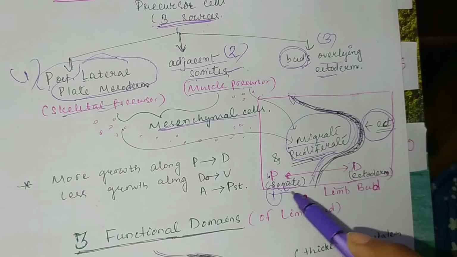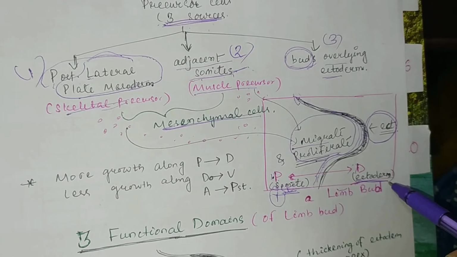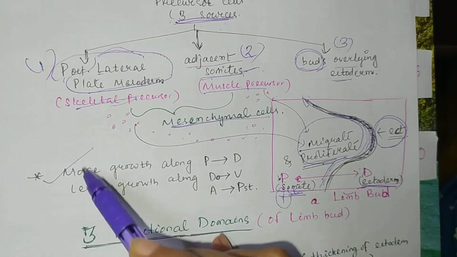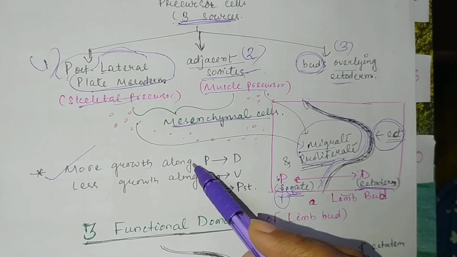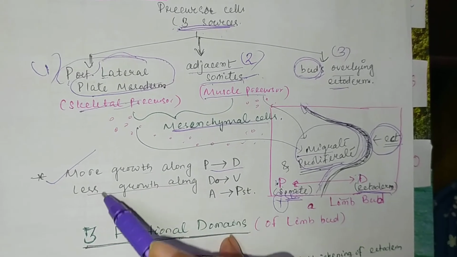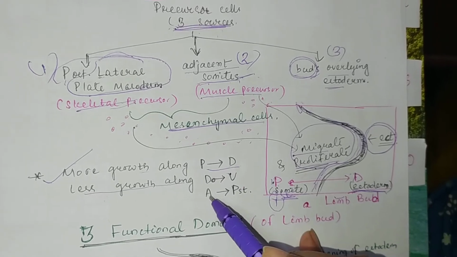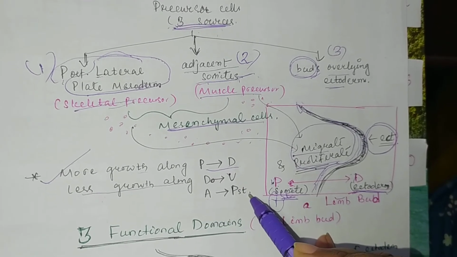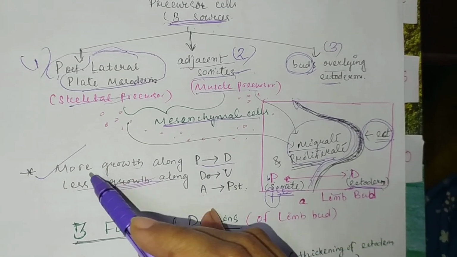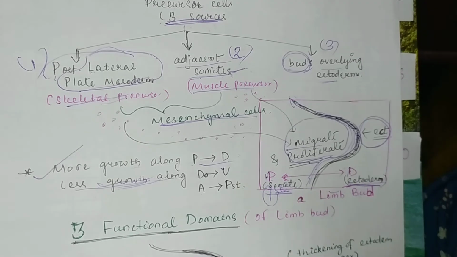Proximal means from the somite, and distal means toward the ectoderm direction. So this is important. There is more growth along the proximal to distal axis, but less growth along the dorsoventral and anterior to posterior axis. Initially there is still growth, but more growth is in the proximal to distal direction.